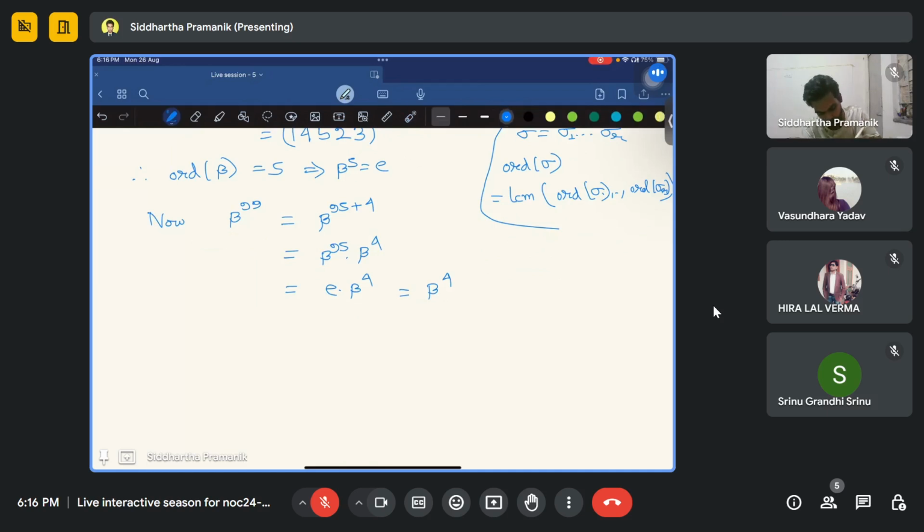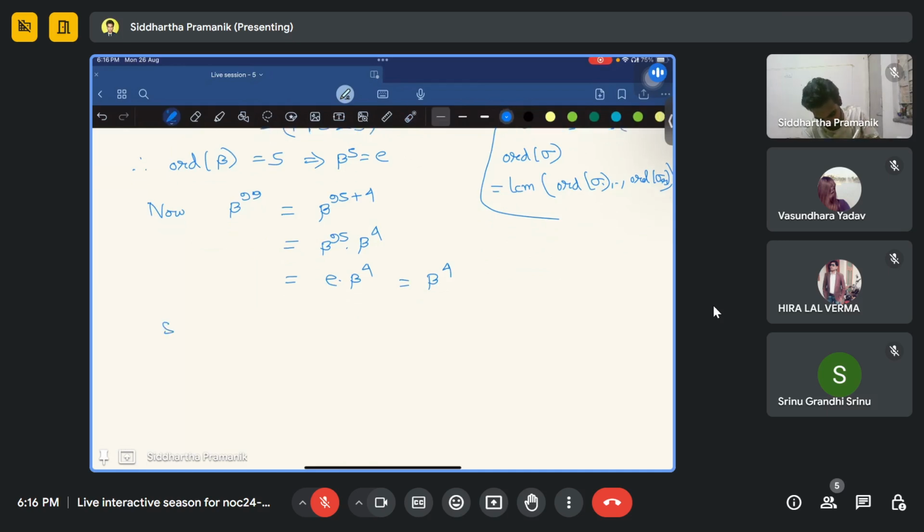But you can observe, since beta to the power 5 is equal to identity, let's multiply beta inverse on both sides. So beta to the power 5 times beta inverse is equal to identity times beta inverse. So this implies beta to the power 4 is the same as beta inverse.